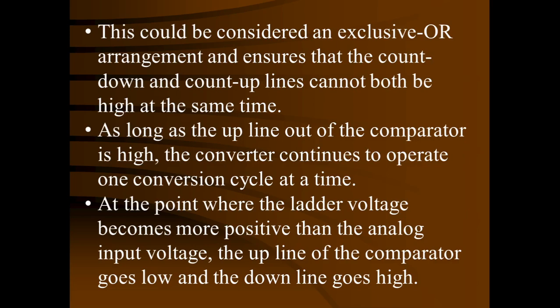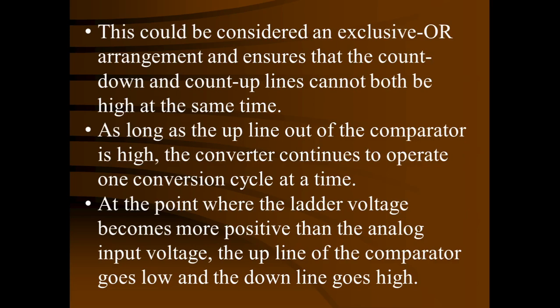As long as the up line out of the comparator is high, the converter continues to operate one conversion cycle at a time every clock cycle. At the point where the ladder voltage becomes more positive than the analog input voltage, the up line of the comparator goes low and the down line goes high.